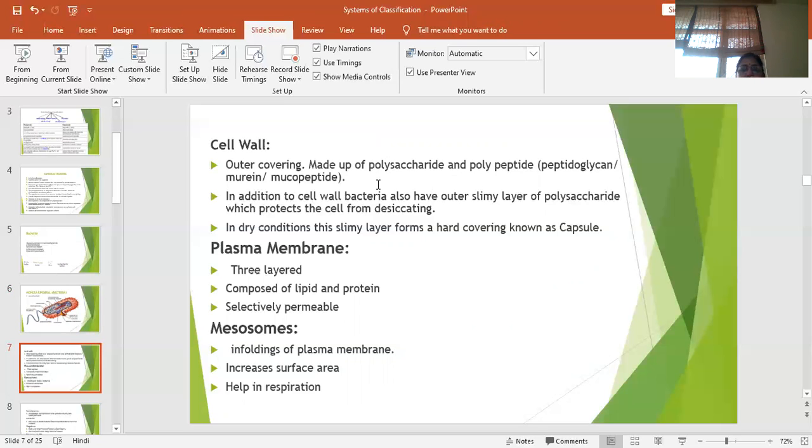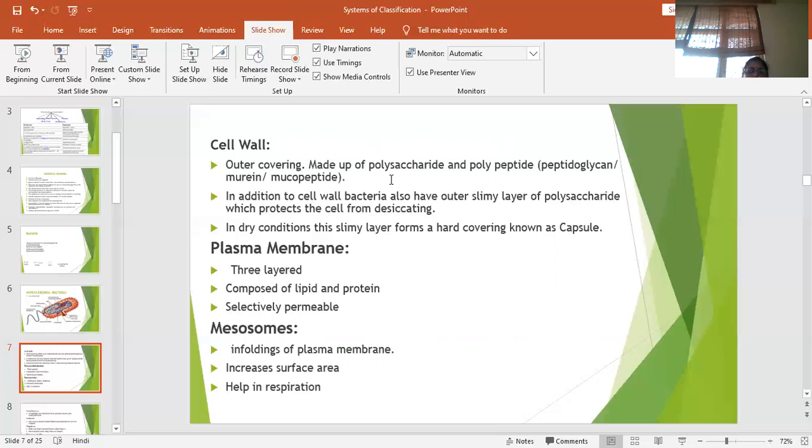Let me add here that in bacteria, based on their cell wall, they are categorized into two types: gram positive bacteria and gram negative bacteria. Gram positive bacteria are those bacteria whose cell wall is thick, and gram negative bacteria have a thin cell wall.